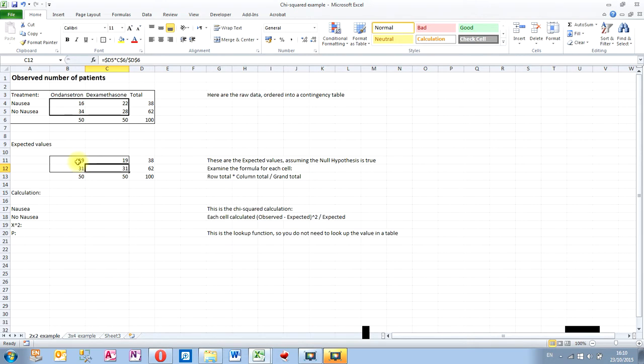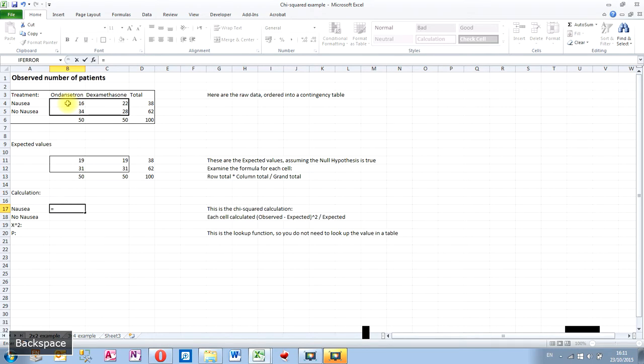Well, what I do is I calculate the chi-squared statistic, where I work out the observed minus the expected value, divided by the expected. So this one here is going to be the observed value, which is that one. I'm actually going to put that in a bracket. So the observed value minus the expected value, which is that one.